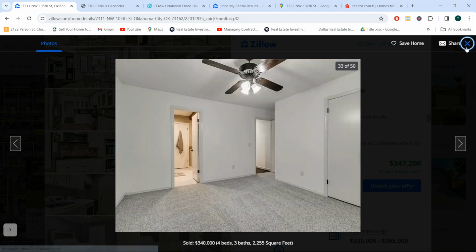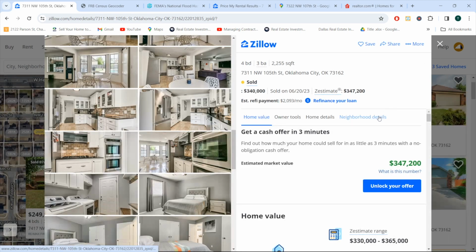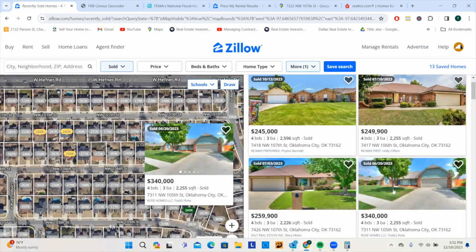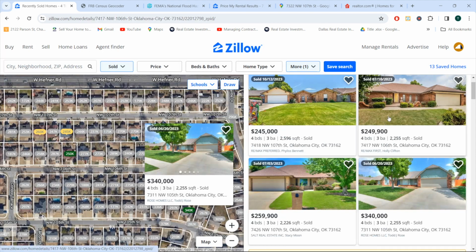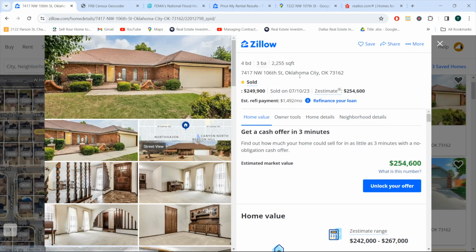So with that being said, here we go. This one got 340, and it got 340 about 6 months ago as of this recording. So what I want to do is take an as-is value on this property here, because it's a little bit smaller.